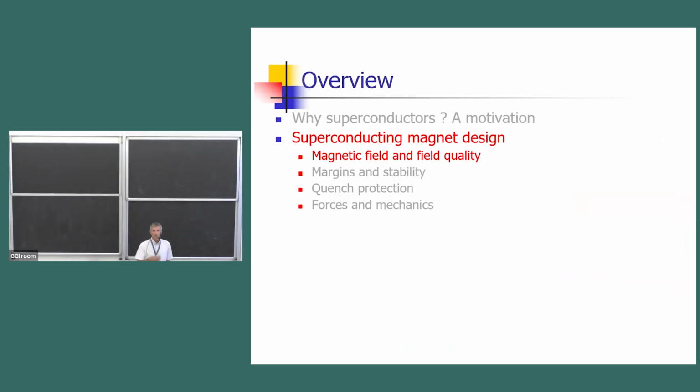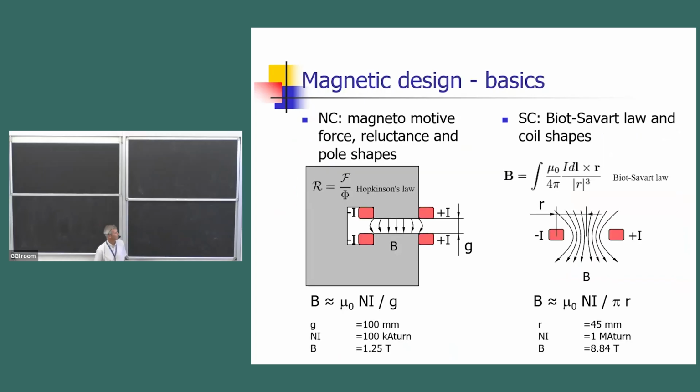Okay, so how do we design this magnet? Now after the introduction, let's dig into details. For normal conducting magnets, the way to design them is using Hopkinson's law, where you equate the magnetomotive force, F, to the reluctance of the magnetic circuit. The reluctance of a magnetic circuit, which has very good iron here, is governed by the gap.